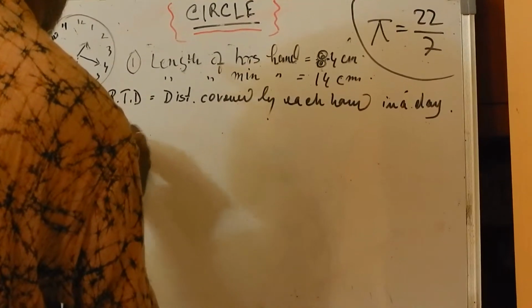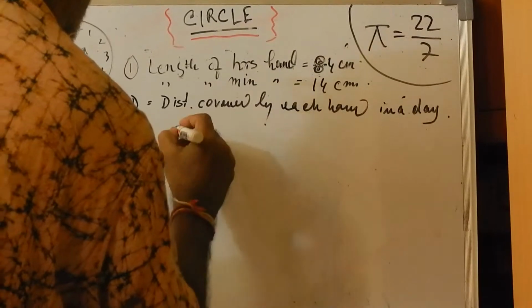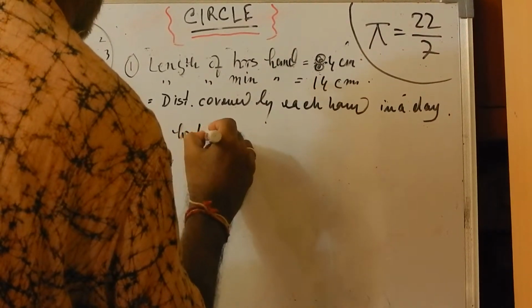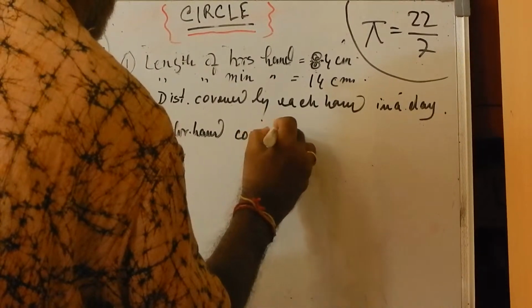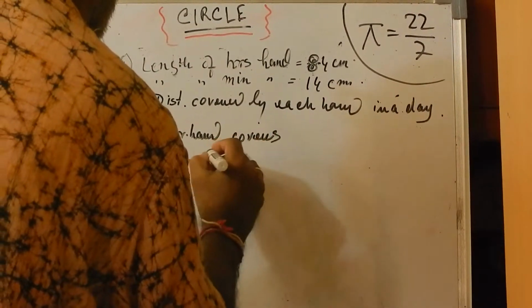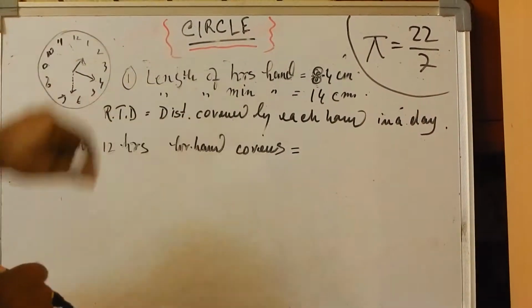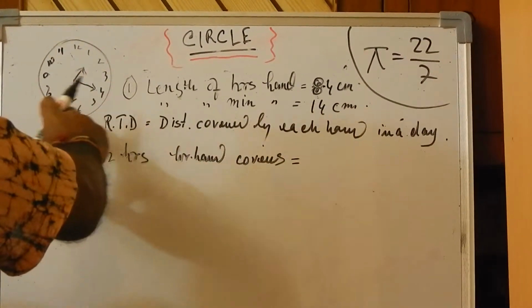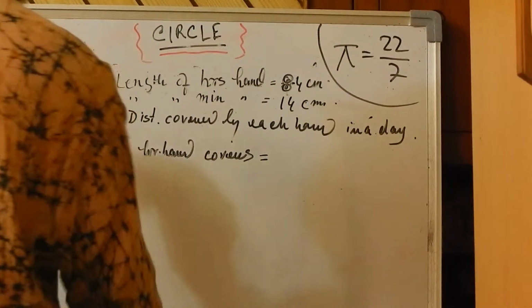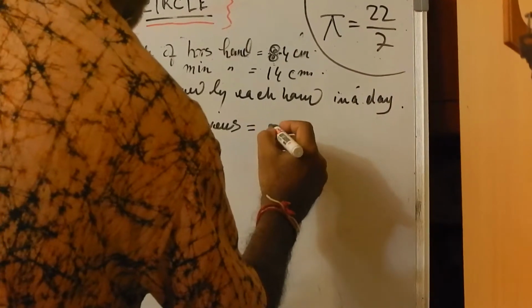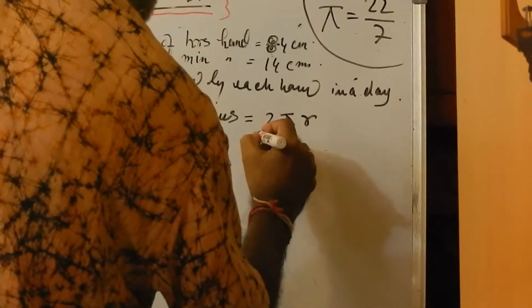In 12 hours, the hour hand covers the whole circle. The whole circle means 2 pi r is the basic formula.